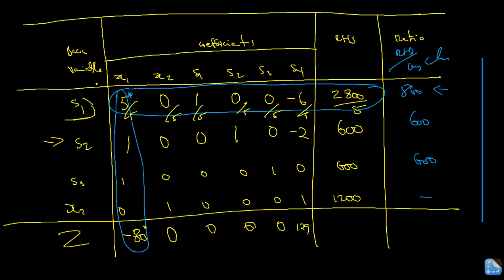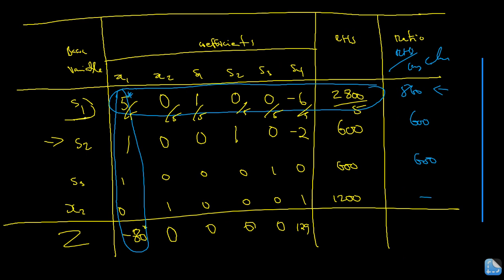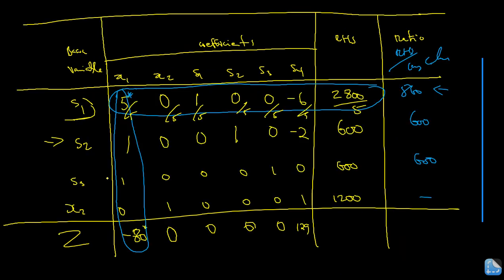So x1 is going to replace s1. So we're going to say x1 enters and s1 leaves. So we are only going to have s2 now, and s3 and x2, like that.